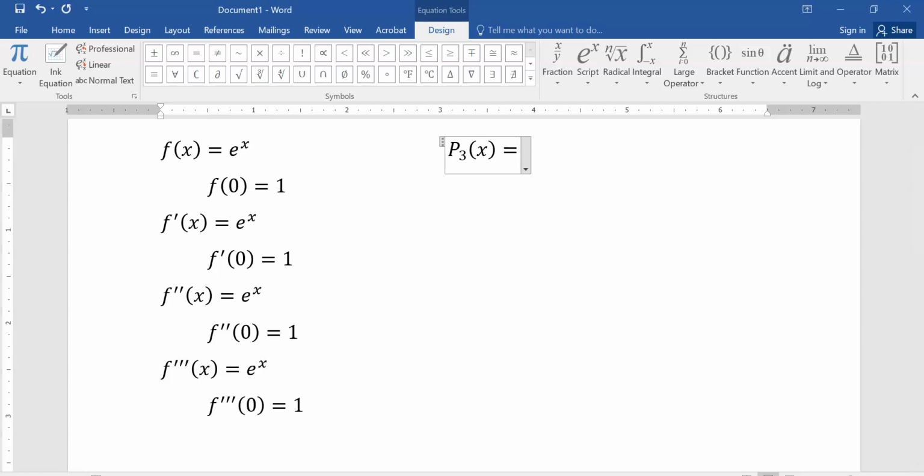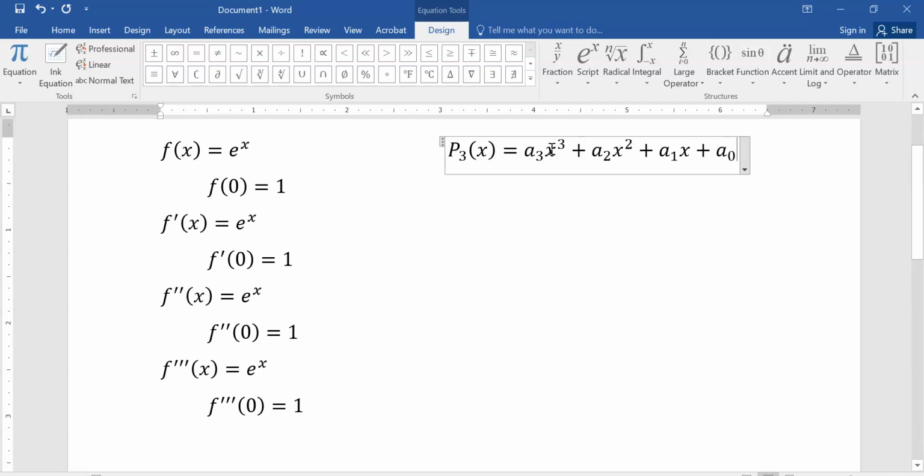And what we do is, since we're going to center this at 0, we're going to think of the coefficient, let's call this A3, x to the third, plus A2 x squared, plus A1 x, plus A0. All right.